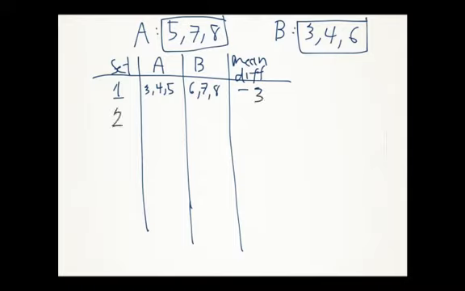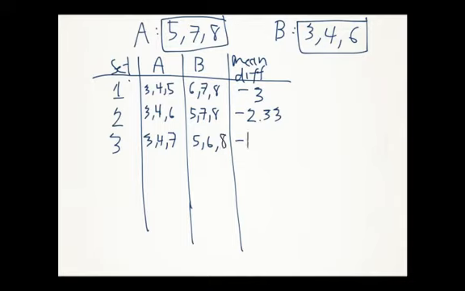That's set 1. In set 2, we could say that group A actually has 3, 4, and 6, and that group B has 5, 7, and 8, and the mean difference would be -2.33. And then we'd go to the third set and say, let's say 3, 4, and 7 are in group A, and 5, 6, and 8 are in group B. And the mean difference would be 1.67.